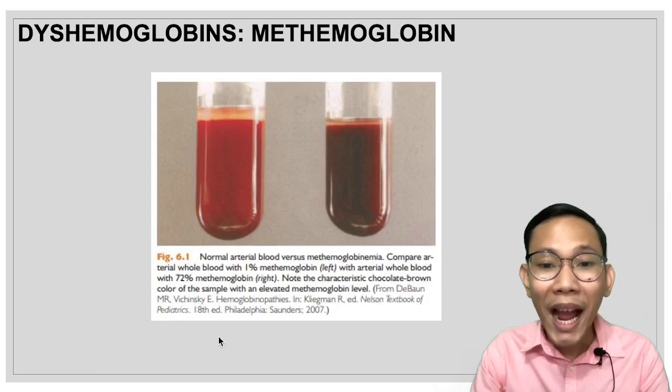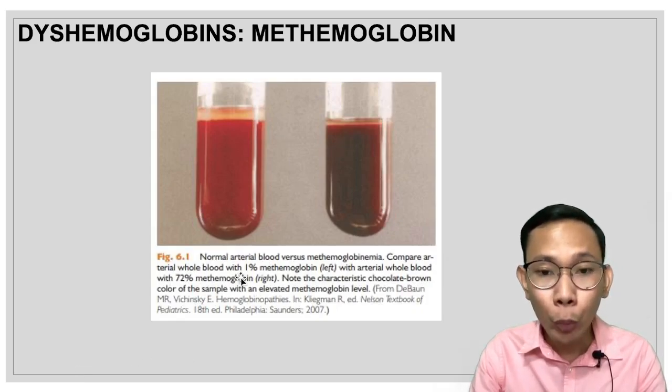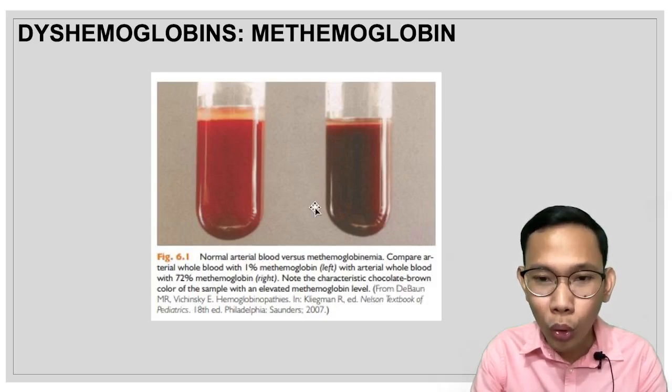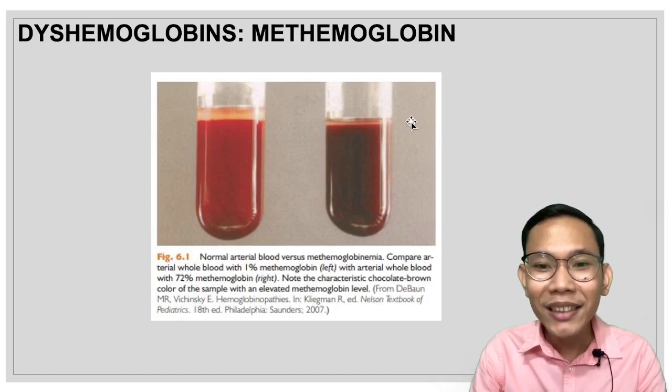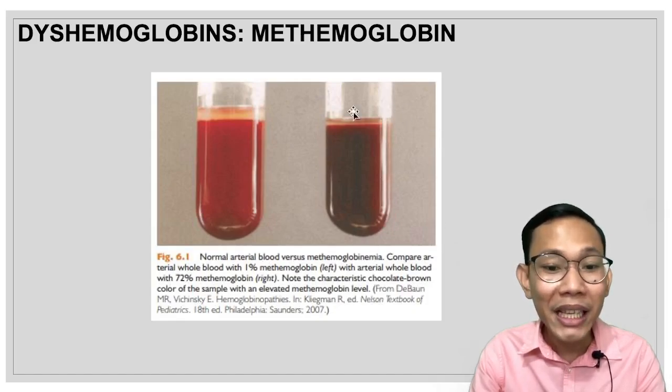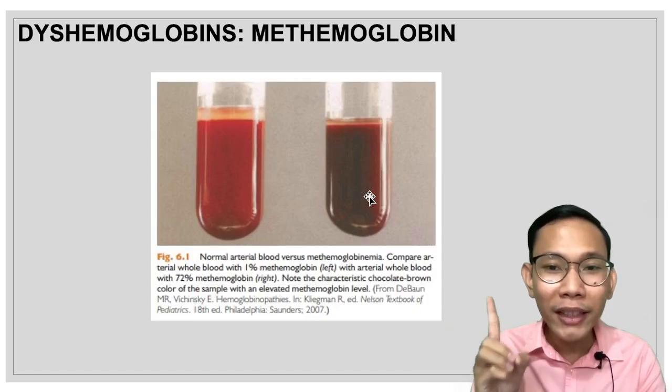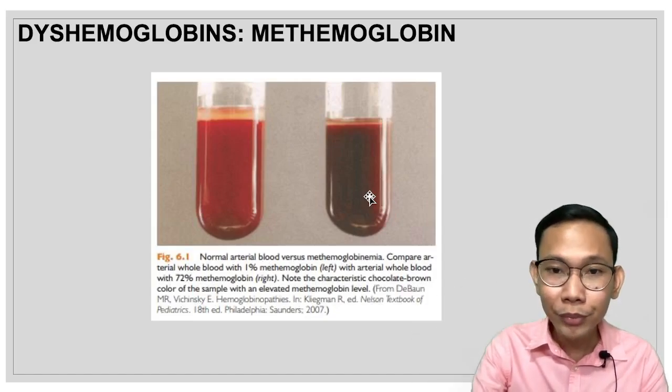With high levels of methemoglobin, the blood takes on a chocolate brown color. This is what we see in the blood of our patient. Remember that: in methemoglobinemia, the blood becomes chocolate brown.